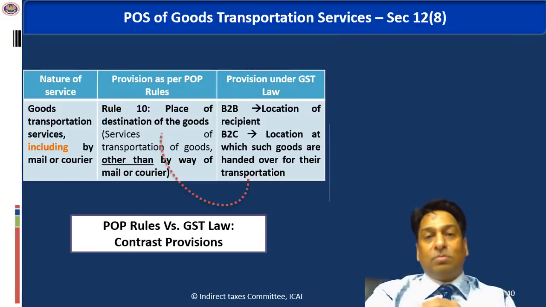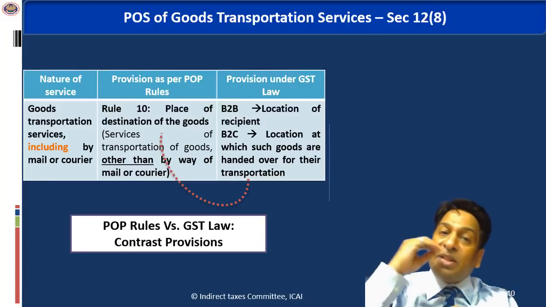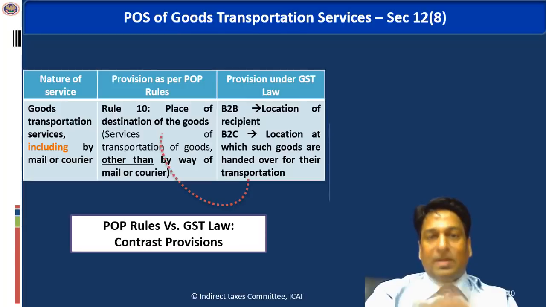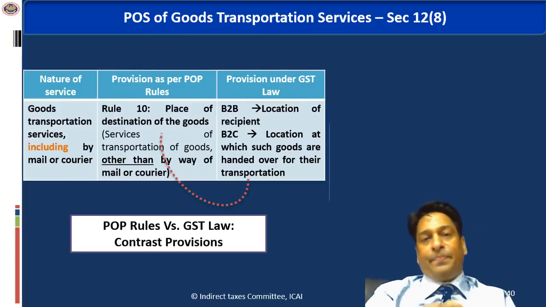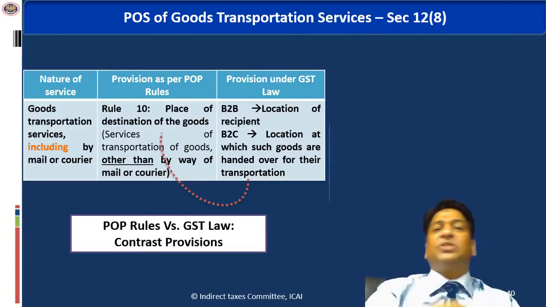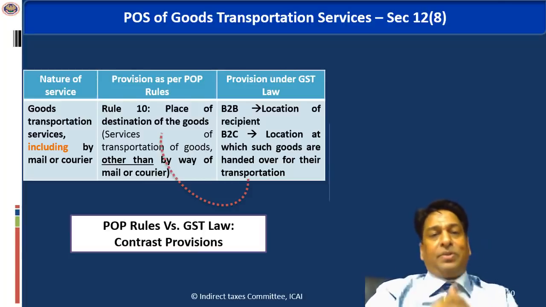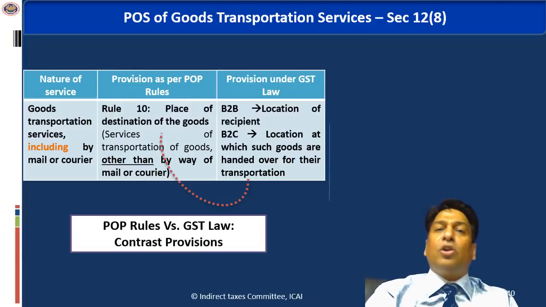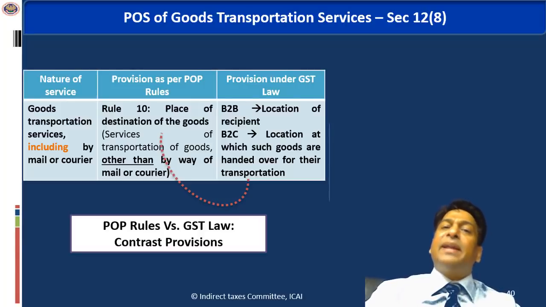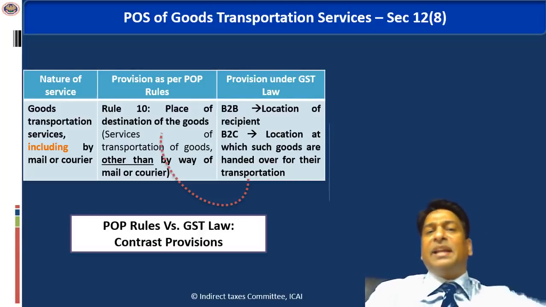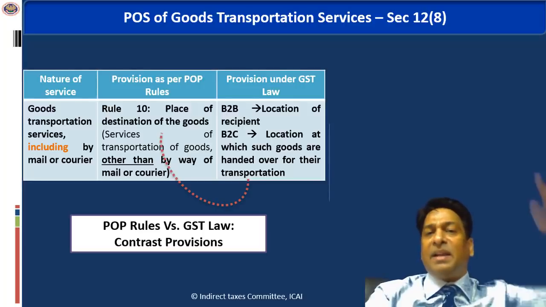So let's assume I'm a GTA transporter. I'm registered in Delhi. My client is also registered in Delhi. My client wants to pick up goods from some place in Haryana, let's say Gurgaon, and deliver them at Mumbai.